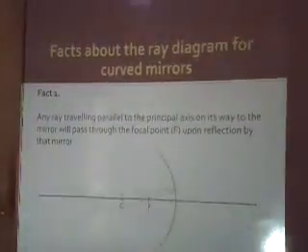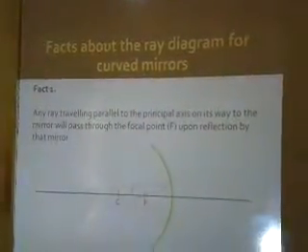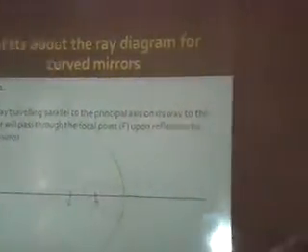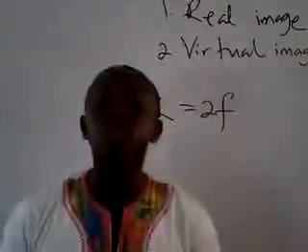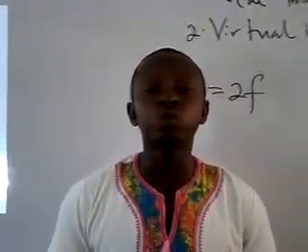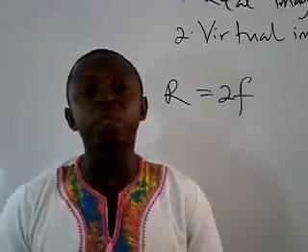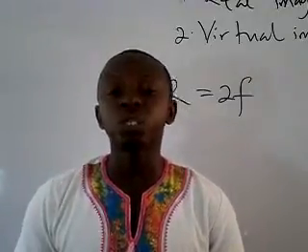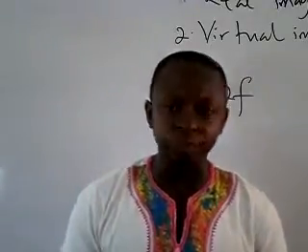If you are drawing a ray diagram, you need to consider these three facts, and they are going to help you to draw a proper ray diagram no matter the position of the object.